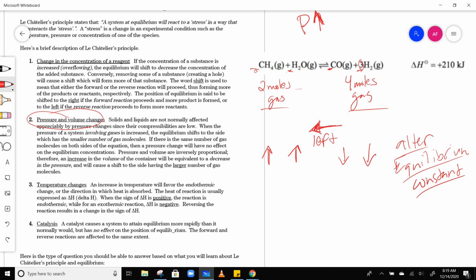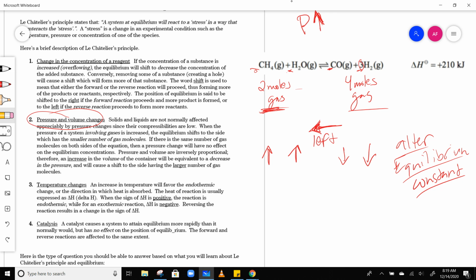We have to be careful because it really depends on reaction to reaction. Pressure can make the equilibrium constant larger, or it can make it smaller depending on the reaction and what pressure is doing. So again, pressure increases, moves to the side with the least moles of gas, so it's going to shift to the left. It's going to go up, up, down, down.